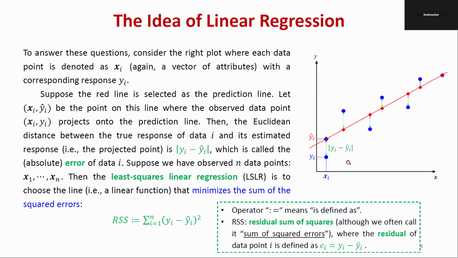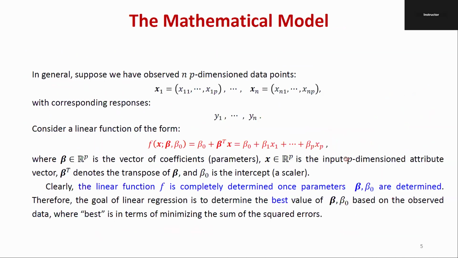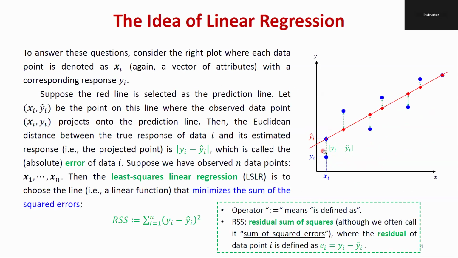People may ask, why do you use square? Why don't we just continue using the absolute error? This is because later when we calculate things, if it's a square, it will be a quadratic function. Then doing optimization to minimize it, we have some specific algorithms, like the Lagrange multiplier method. It can make our work much easier.